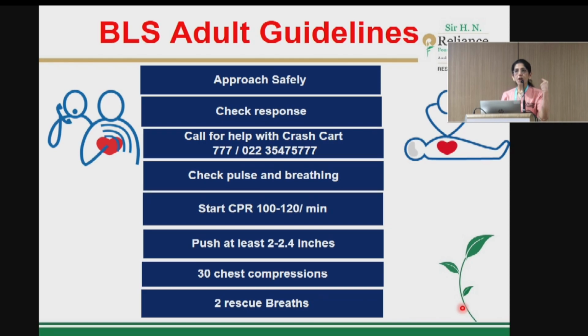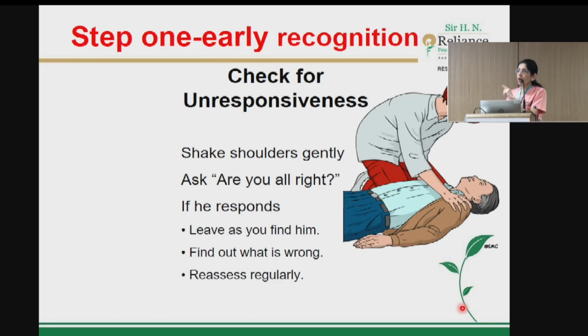That's the first important thing. Whenever there's collapse or arrest, make sure that the scene is safe to resuscitate the patient. If the patient is in a fire or has drowned, get the patient out of that scenario to a safer place. So scene safety is the first and foremost important step.